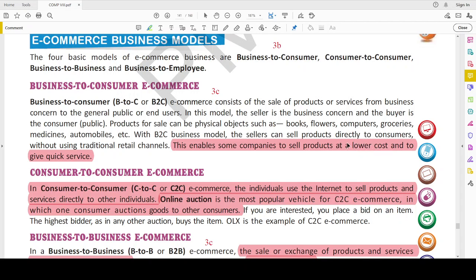You are getting the item at a lower cost. So this is advantageous both for you and for the business. How is it advantageous to the business concern? The business concern can reach you directly, easily, and they are selling their items quickly.